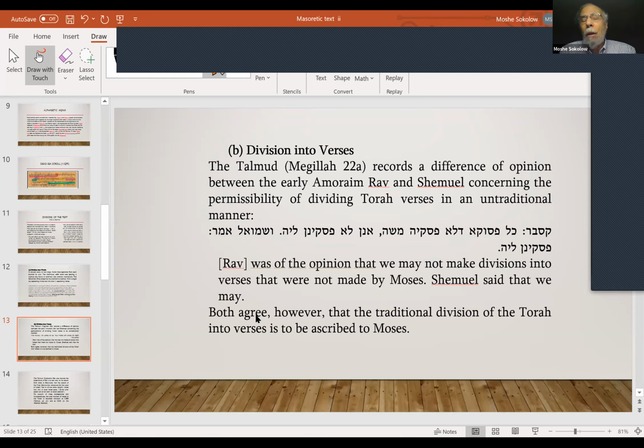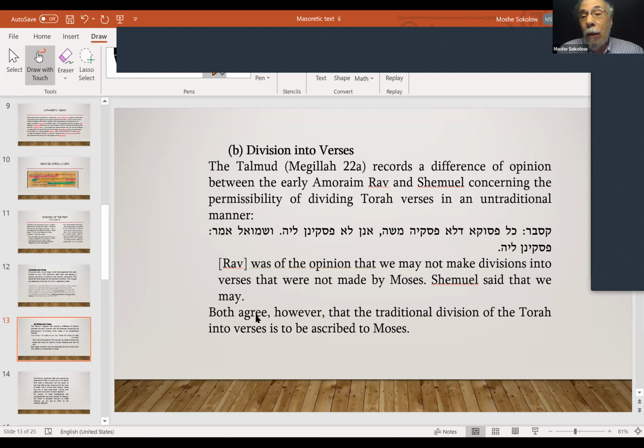By the way, this machloket of Rav and Shmuel plays itself out at many Shabbos tables every Friday night. Why? Because how does Kiddush start on Friday night? Kiddush on Friday night starts with Vayhi Erev, Vayhi Voker, Yom HaShishi.